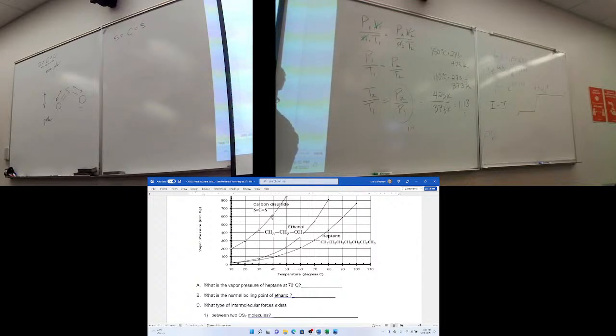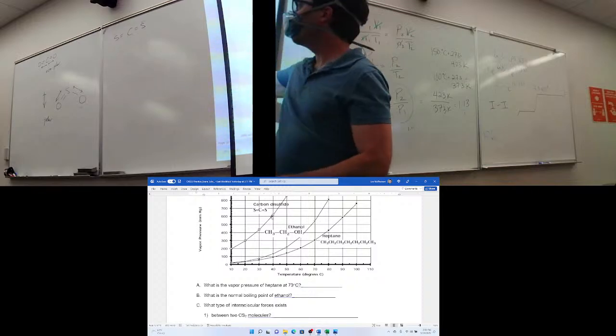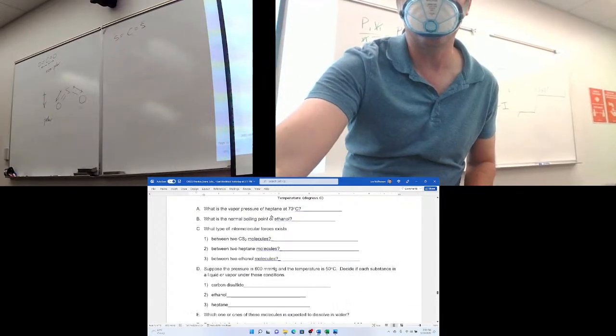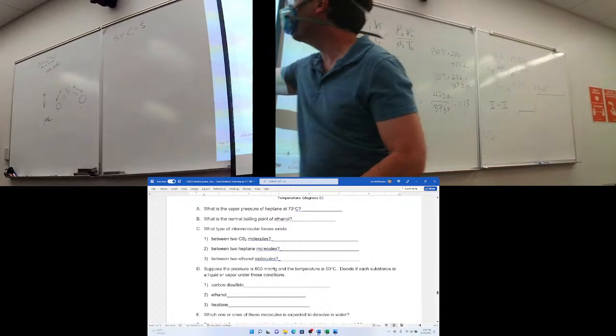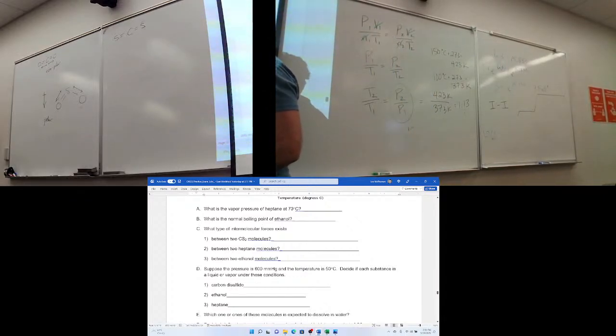If I put a vial of carbon disulfide in a container and artificially lower the pressure inside to 600 millimeters of mercury, this stuff will boil at 38 degrees. Then let's say the temperature is 50 degrees. Is this stuff going to be a liquid or a gas? Well, it's past the boiling point, so it's got to be a gas now.